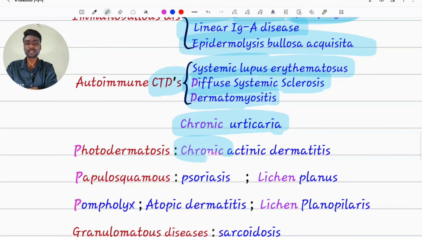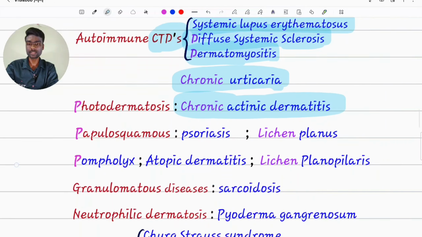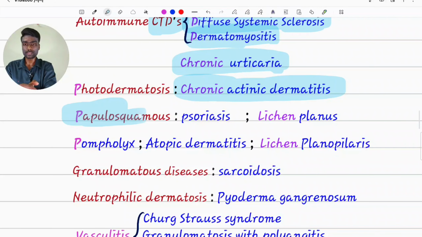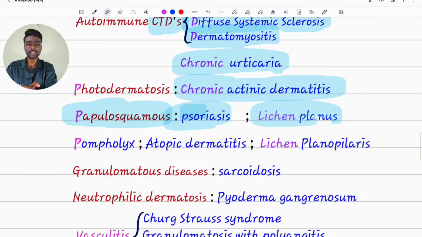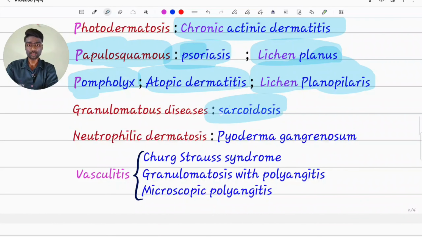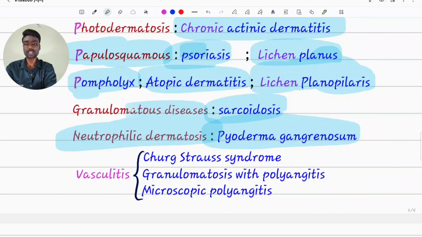Chronic urticaria, chronic actinic dermatitis, papulosquamous diseases like psoriasis, lichen planus, pityriasis rubra pilaris, atopic dermatitis, lichen planopilaris, granulomatous disease sarcoidosis, pyoderma gangrenosum, which is a neutrophilic dermatosis.